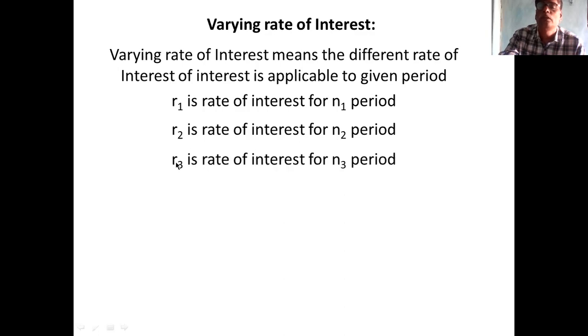And the rate of interest is R3 for the third period, and so on. If the rate of interest is changing, it may increase or decrease. That type of problem is called varying rate of interest. Okay, we will see the problems based on this in the next class because I am unable to continue due to time.